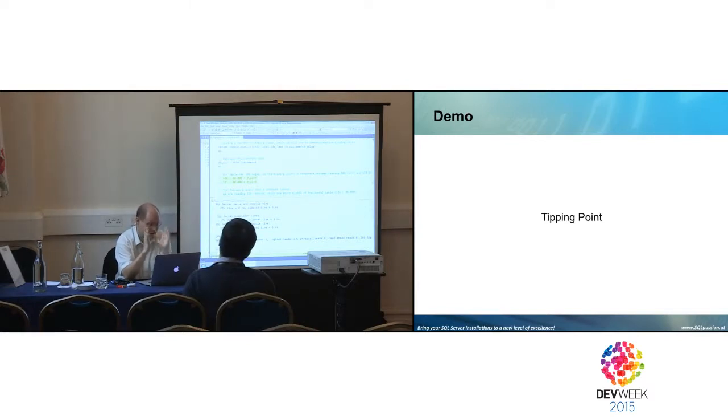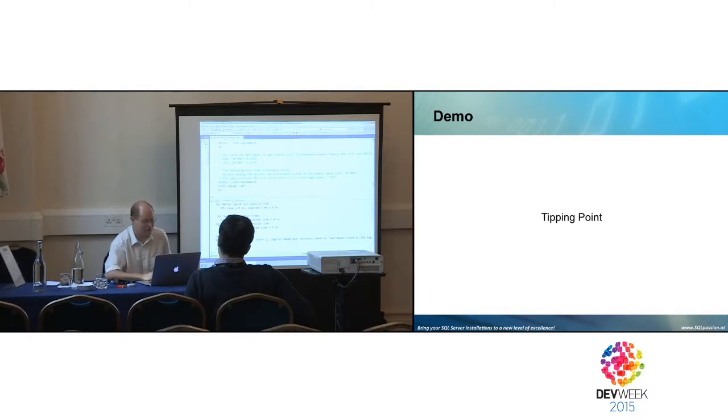Again, same 80,000 records, means tipping point is somewhere between 0.12 and 0.17% of the records of that table. Means you can't retrieve too many records with that non-clustered index anymore.